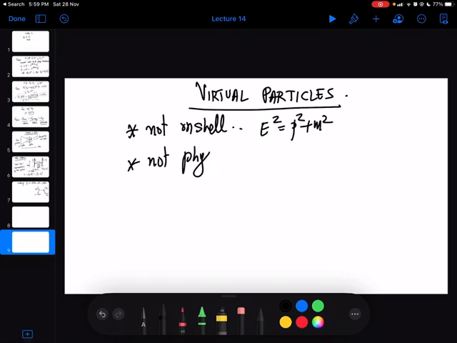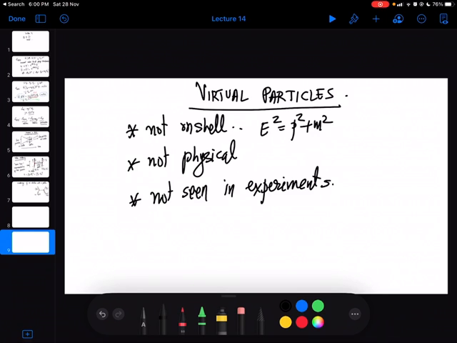They are not physical and not seen in experiments. What you see in experiments are real particles, which are physical and on shell. This is the definition of virtual particles.